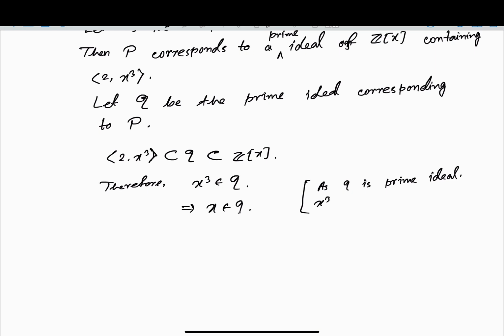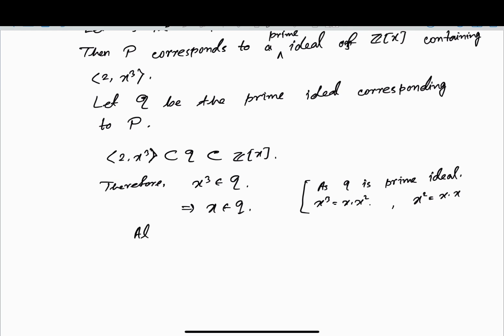If x square belongs to Q, then we can write again x into x, so x will again belong to Q, right? So therefore if x cube belongs to Q, then x belongs to Q, as Q is a prime ideal.